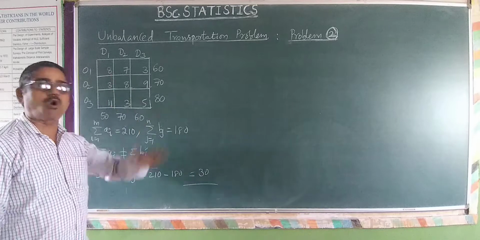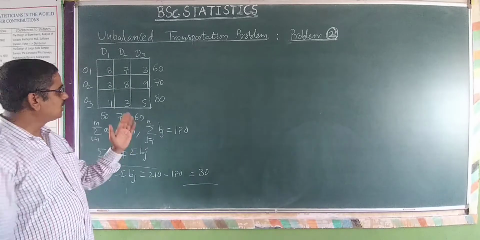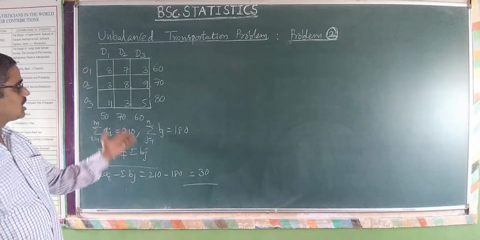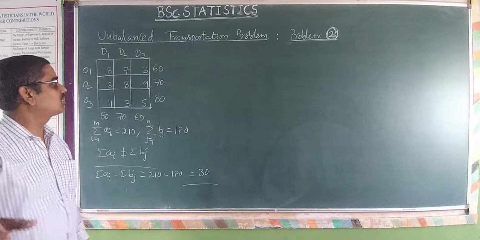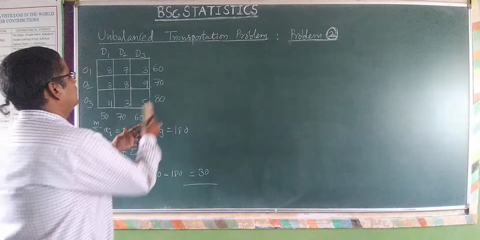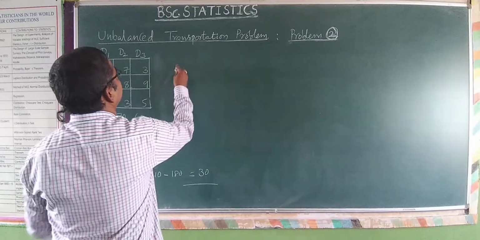That is a dummy column, so that the sum of the availability and the sum of the requirements will be equal. So I write here 60, 70, 80.